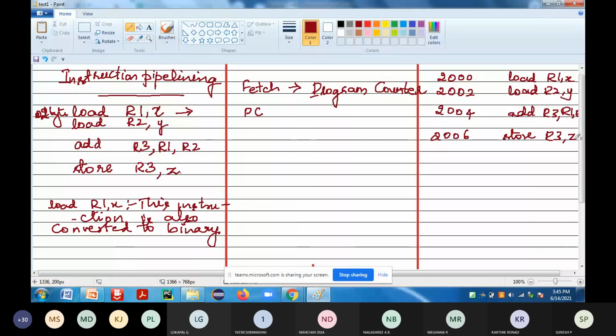Now, when you have this type of instruction, once the first is fetched, initially the program counter was 2000. Assume that the fetch of the instruction has been executed. Now what data does the program counter have to hold next?